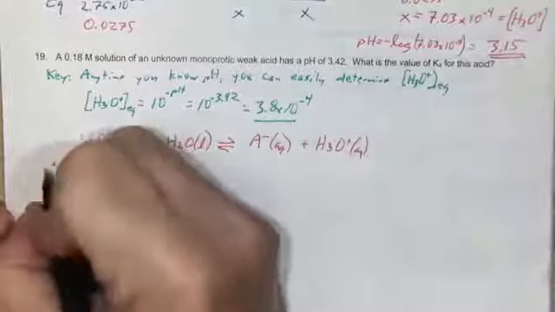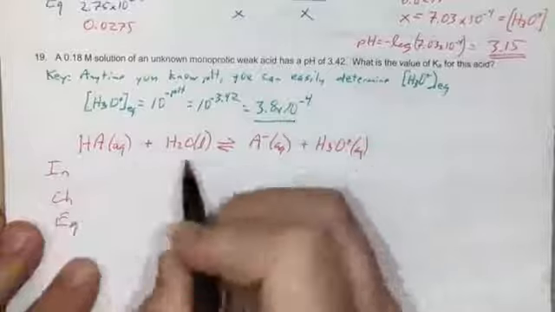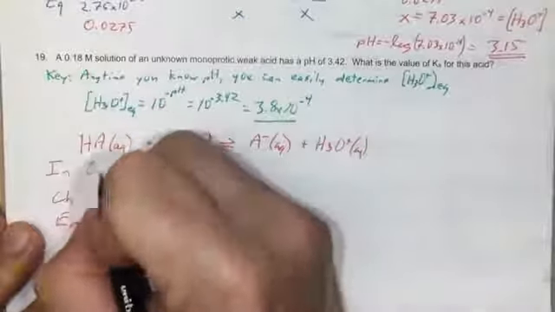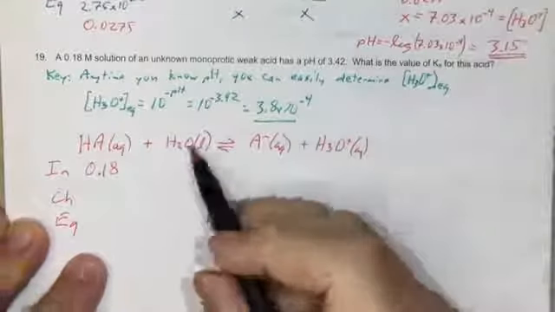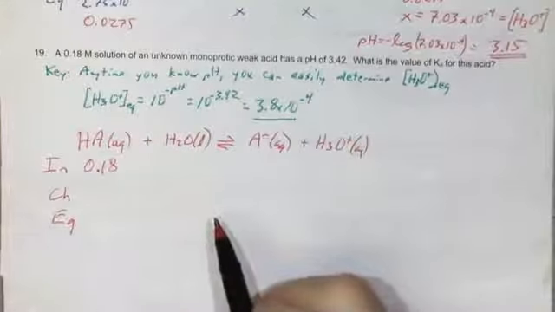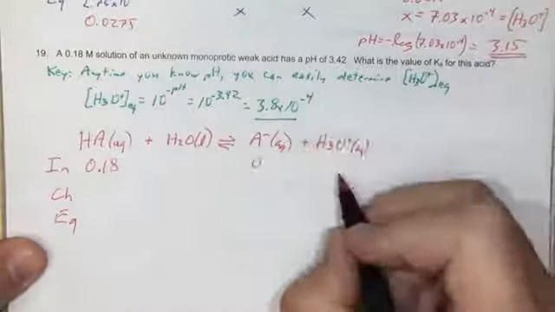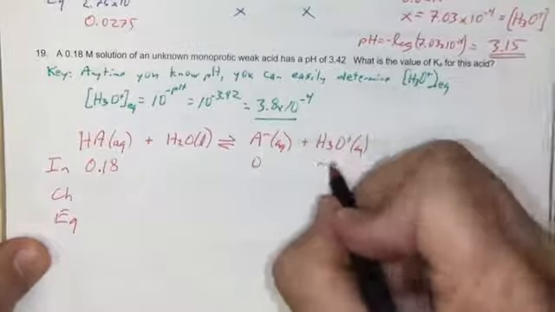We set up the ICE table, so initial, change, equilibrium. The concentration of the acid is 0.18. That's the initial concentration, 0.18 moles per liter. We always leave water out of these equilibrium equations. The initial concentration of A minus before this reacts is 0. The initial concentration of hydronium before this reacts is approximately 0.